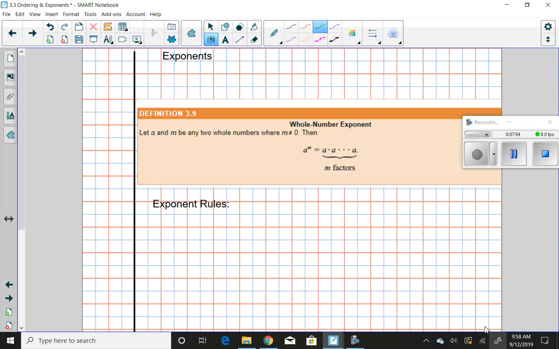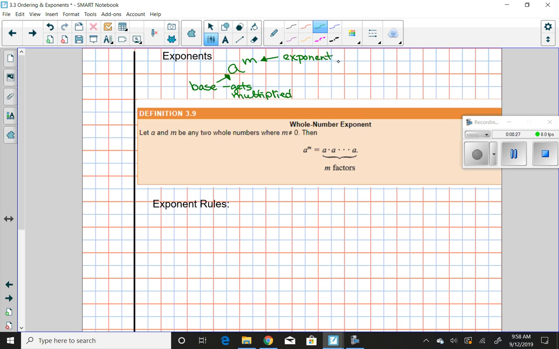So the vocab, if we have A to the M power, A, whatever this bigger number is, is called the base. The base gets multiplied. And the M, in this case it's raised up, is the exponent.